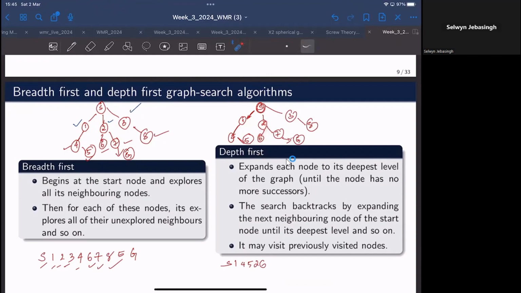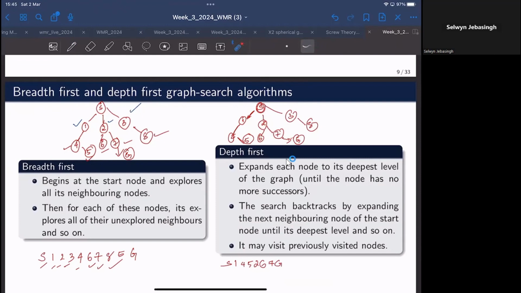Does it have any further node connected to 2? Yes, it has 7, and 7 is connected to the goal position. So from 6 it will backtrack to 2, then go to 7, then to the goal position. And it does not even need to consider this other part because it has already reached the goal position.